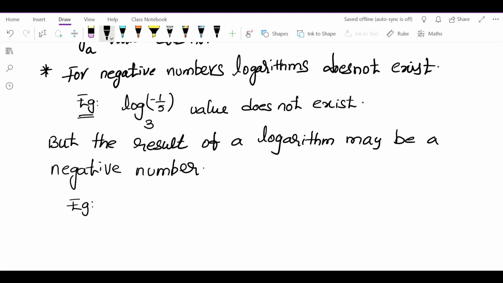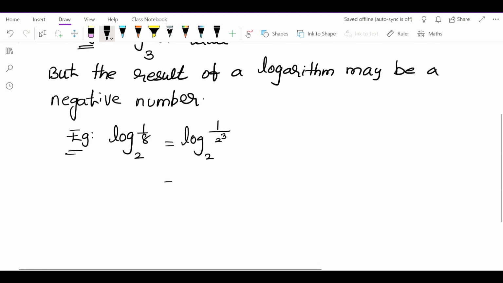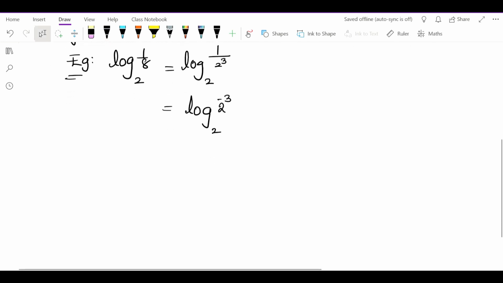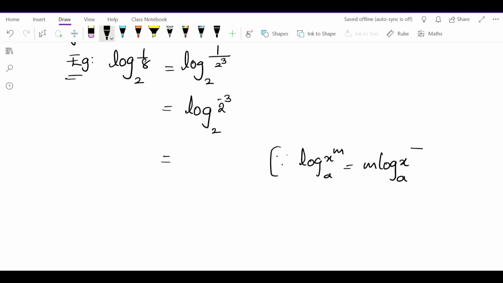Example, log 1 by 8 base 2. Log 1 by 8 can be written in exponential form as 2 cube, so log 1 by 2 cube base 2. This 1 by 2 cube can be written as 2 to the power of minus 3 base 2. Again, this is in the form of log x to the power of m base a, which is equal to m log x base a.